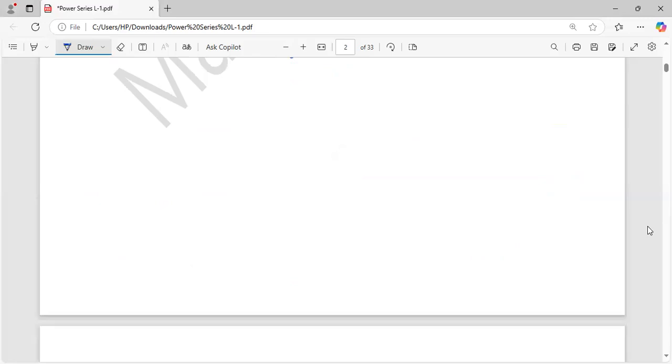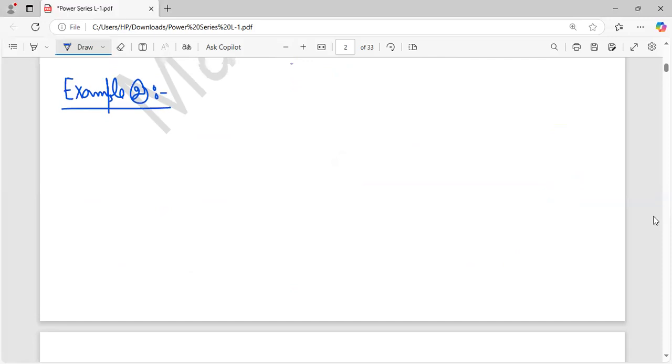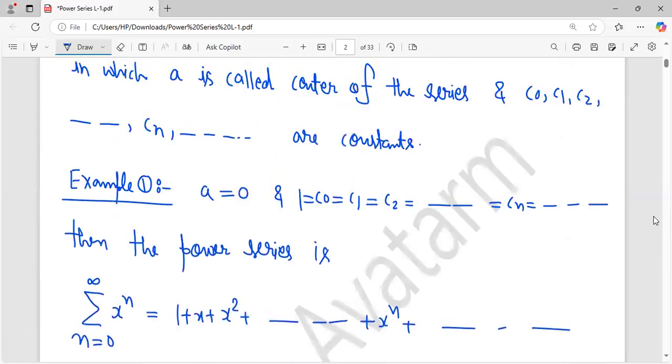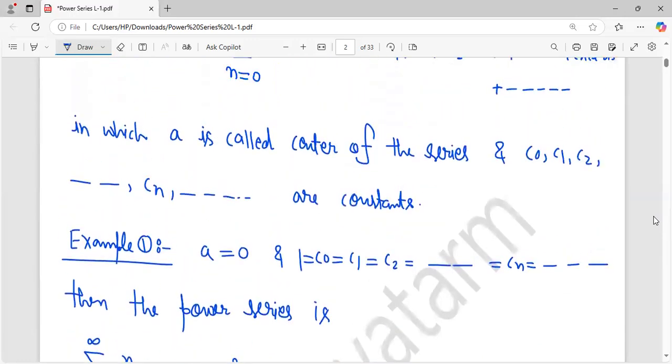Example 2. So here these are constants. They are called constant coefficients.